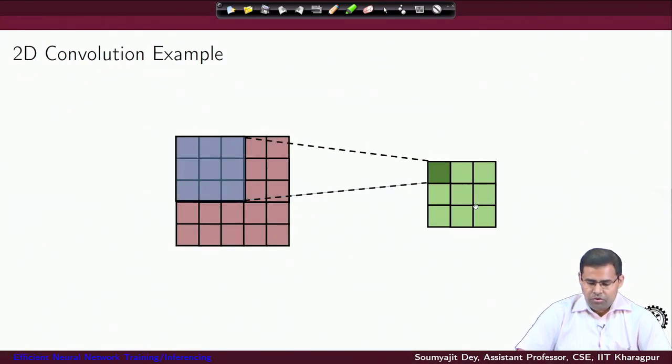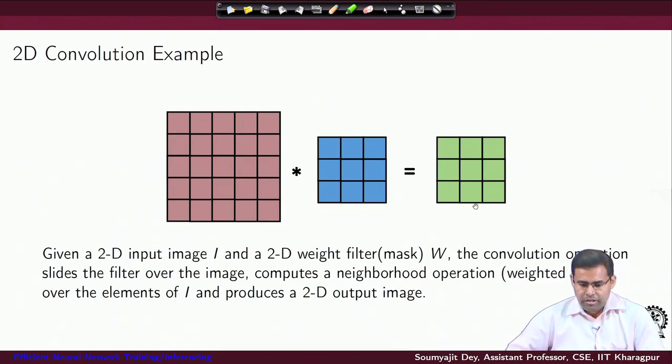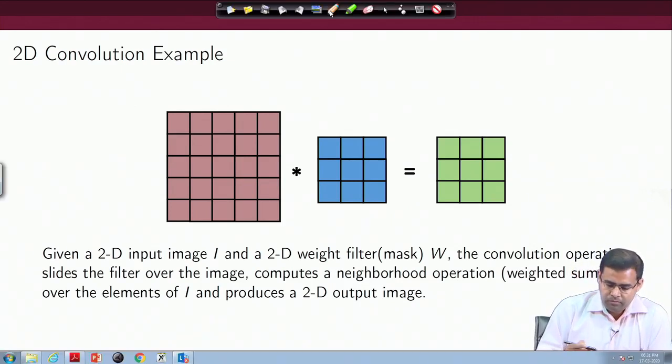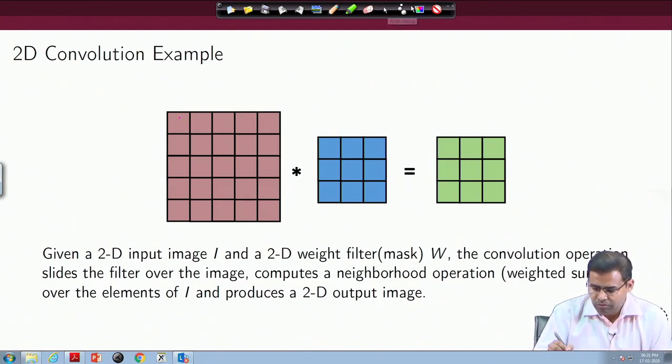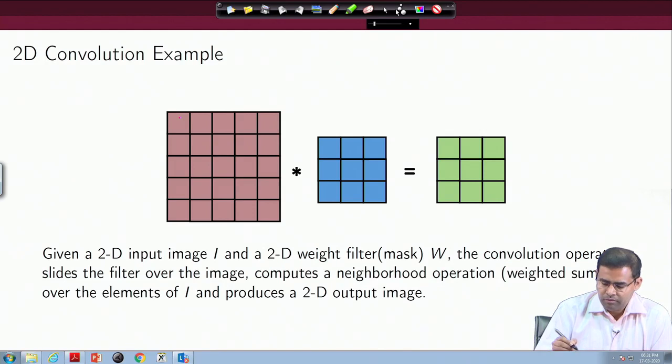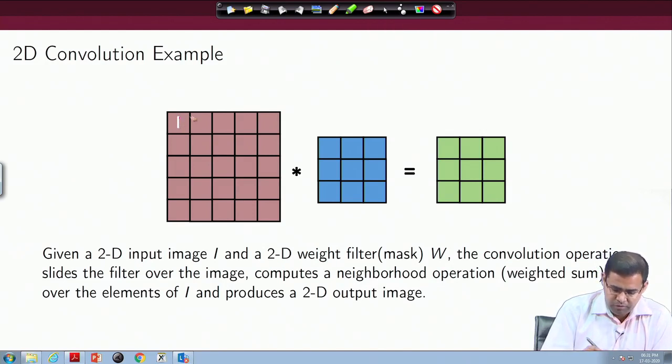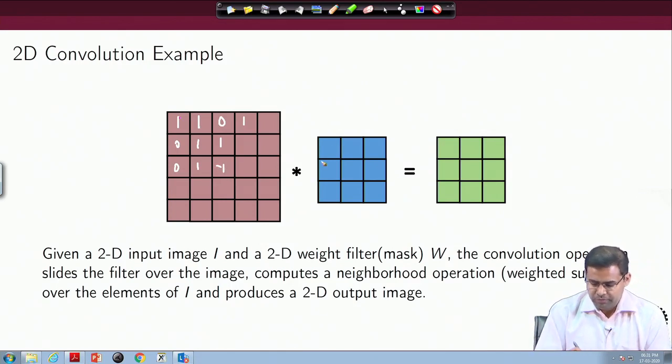Maybe we will push in some values here. Let us take it very simply, let us say it is all ones. I am just writing some example values here.